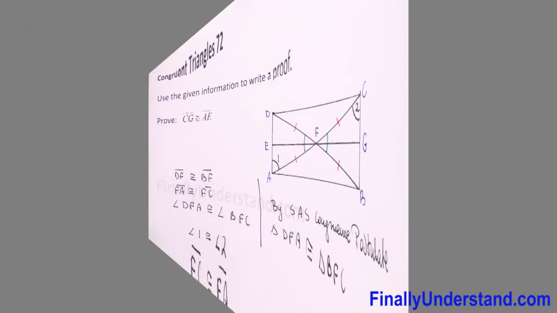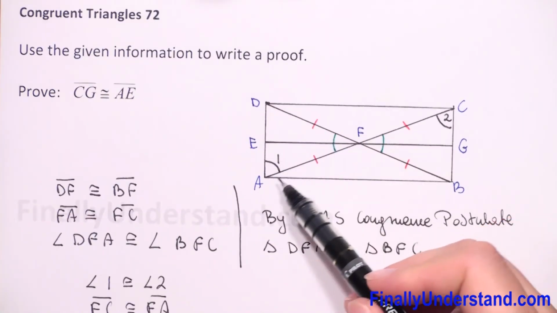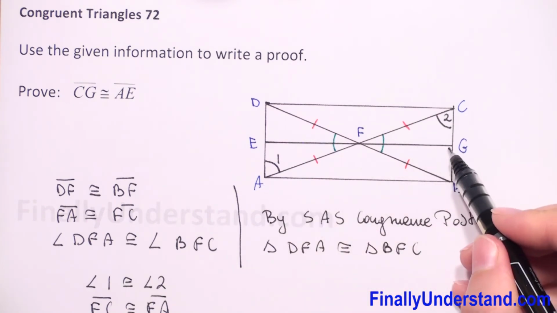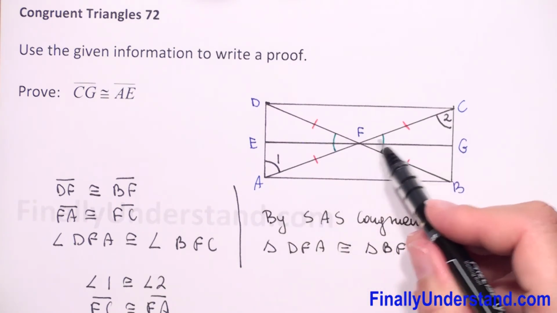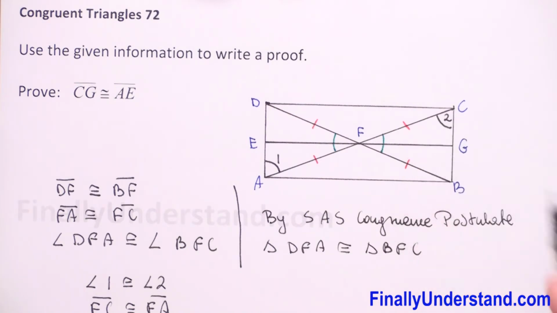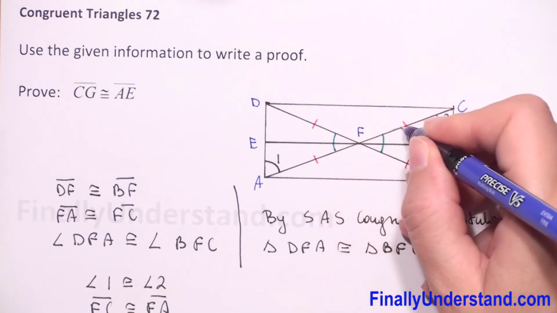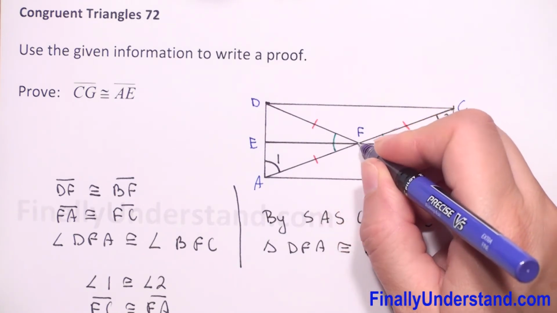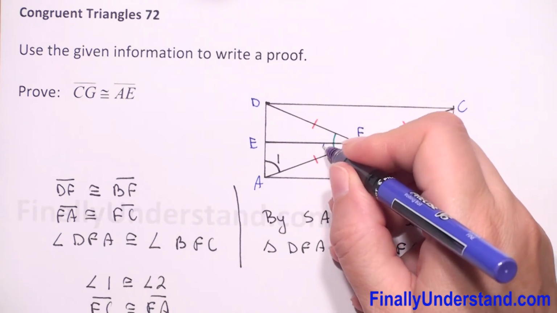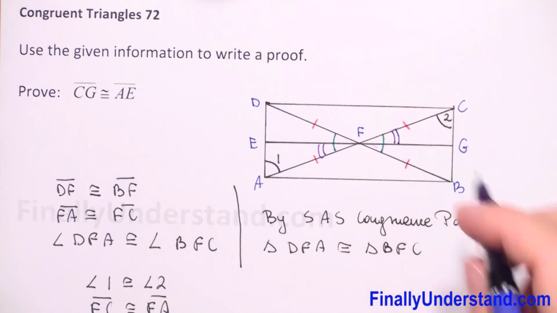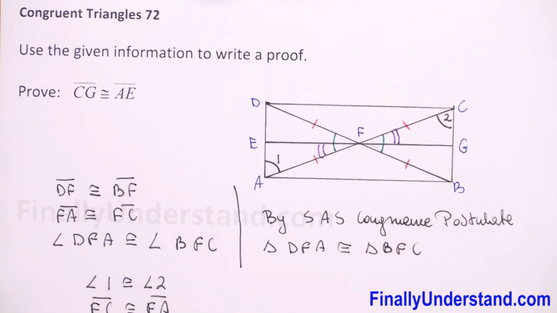And angle EFA is congruent to angle GFC because these two angles are vertical angles, because these two lines cut at point F. So this angle is congruent to that angle because they are vertical angles.